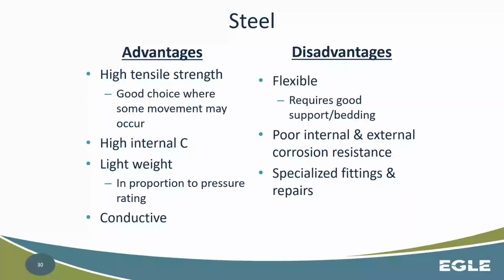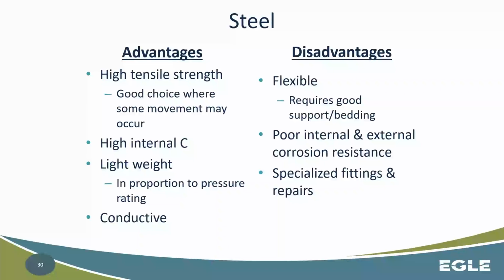Moderately lightweight, it's somewhat dependent, but relatively, it's probably going to be more lightweight than your ductile iron pipe and cast iron pipes. They are conductive, obviously, since they're metal.